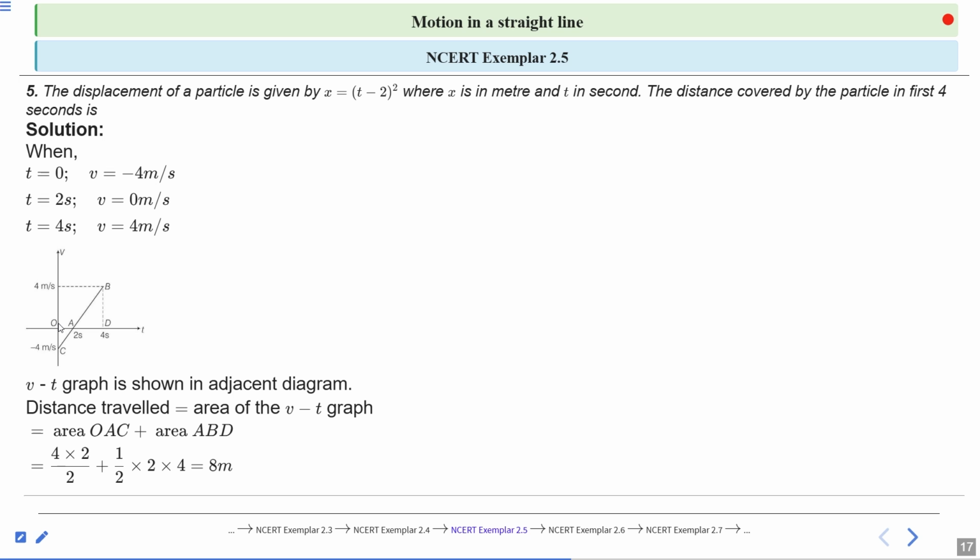Area of OAC is 1/2 × 2 × 4, plus area of ABD, which is 1/2 × (4 − 2) × 4. Solving, you get 8 meter. Here 8 meter is the distance traveled by the particle in the first 4 seconds.